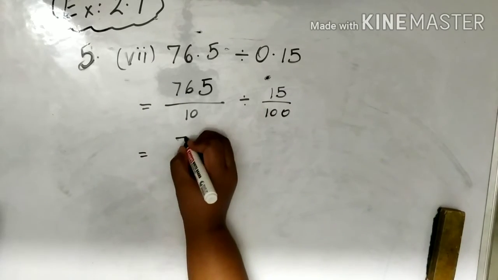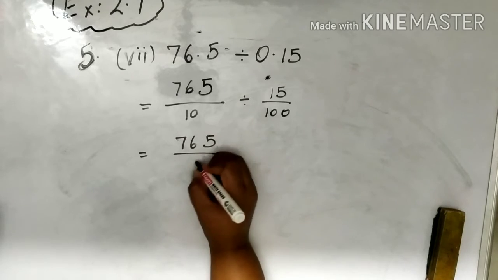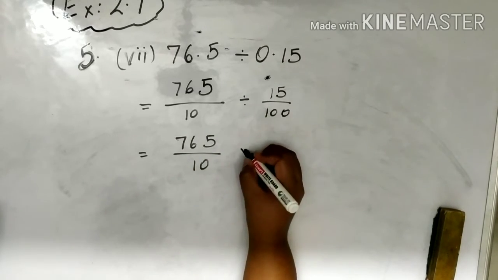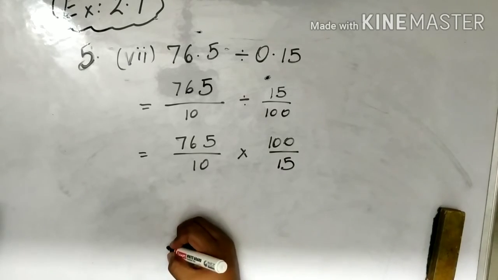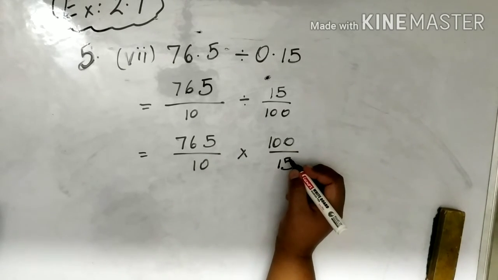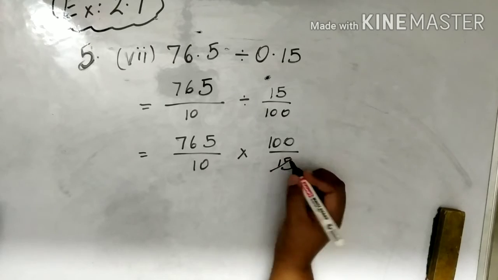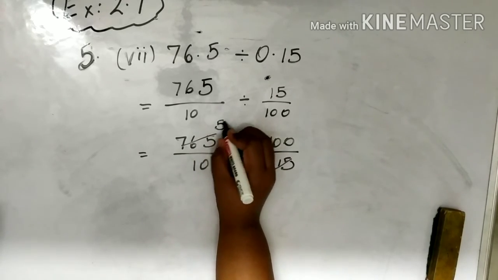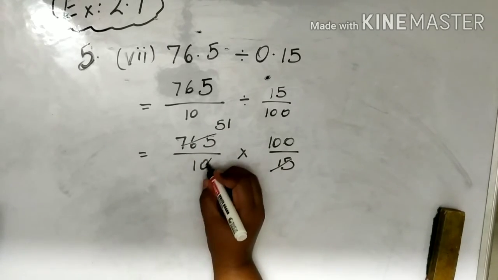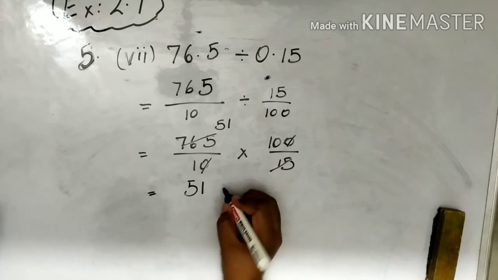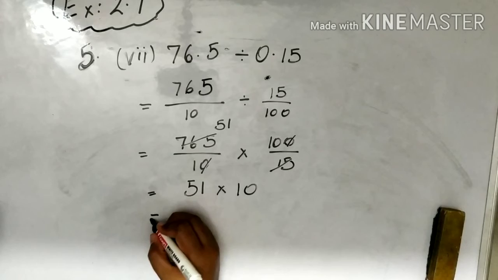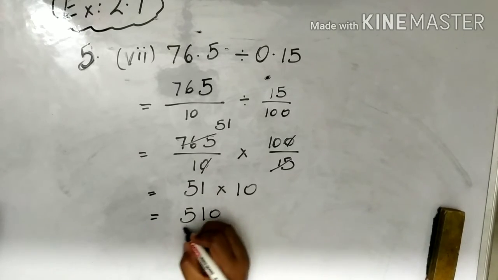Second step, inverse of division, multiplication, 100 divided by 15, right? Then solve this. Here you can directly put it as 51. So solve this also. 51 into 10, the answer will be equal to 510.